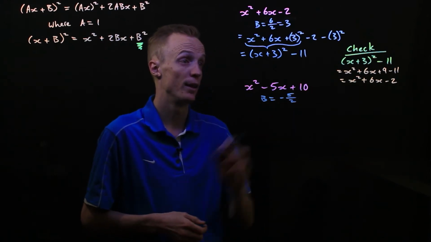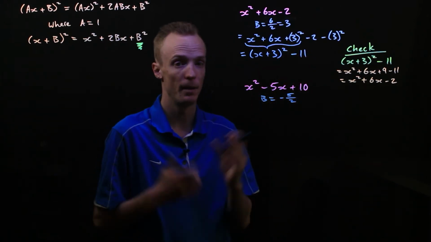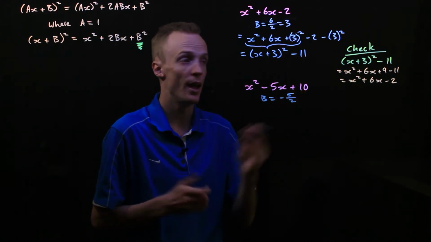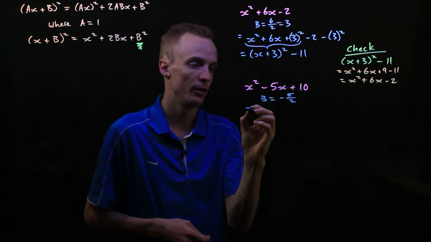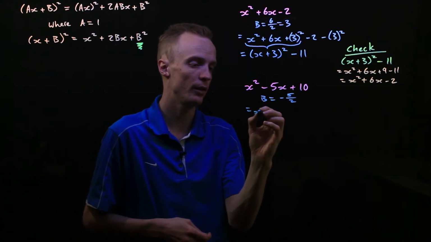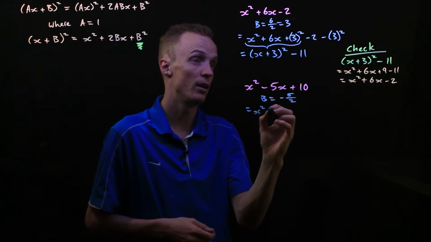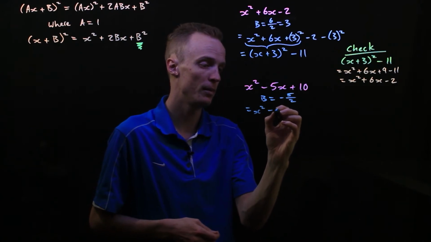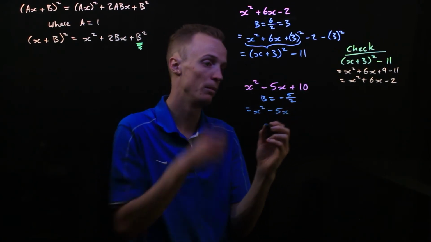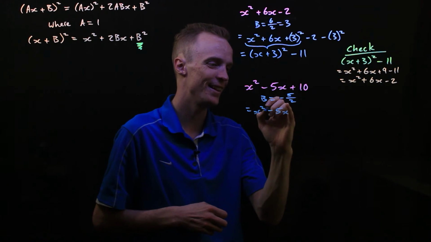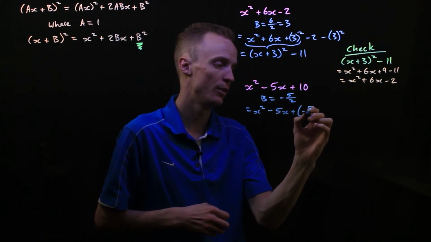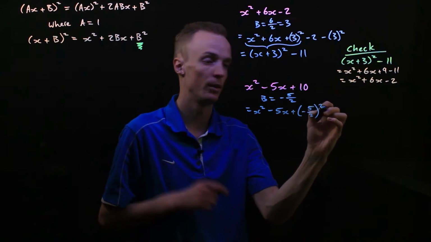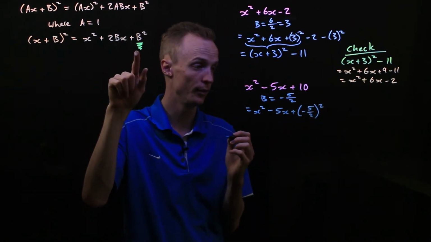And what I do with that value is I add it to the problem, but add it squared obviously, and I subtract it squared to keep the value the same. So this is going to be x squared, then I'm subtracting my 5x, looking at that problem, and then I need to add my -5 on 2, but that's got to be squared as per this.